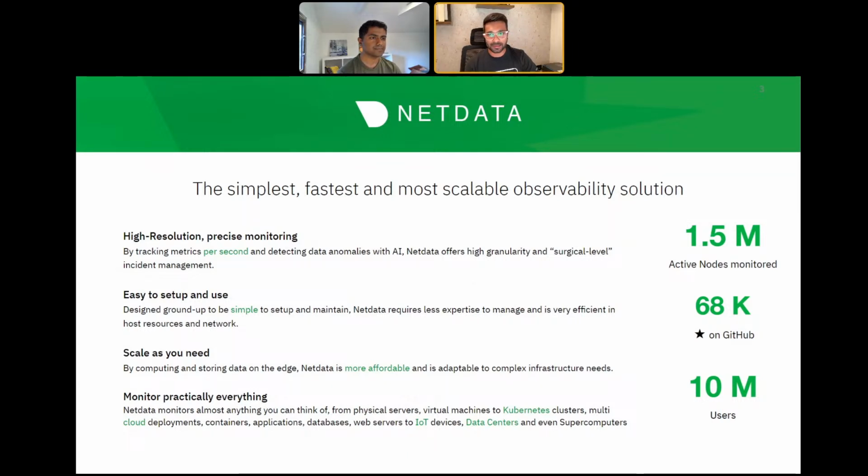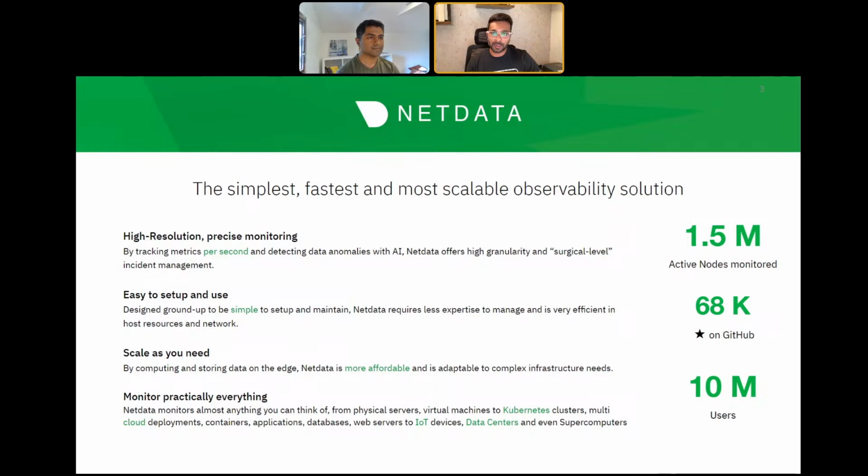We track metrics every second and detect anomalies with our ML and AI also per second. So it provides you high granularity and surgical level incident management. It's probably one of the easiest tools to set up and use. It takes less than a couple of minutes to get started with out-of-the-box dashboards and alerts. And of course, the anomaly advisor with our insights and the anomaly detection.